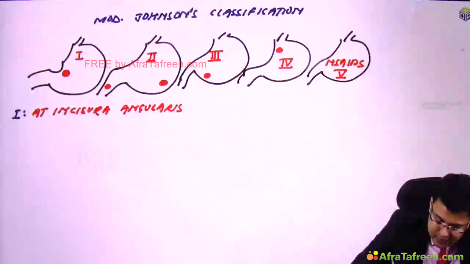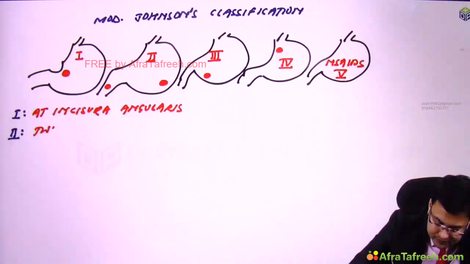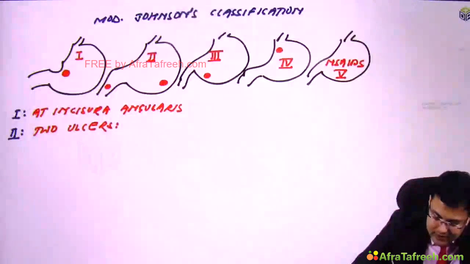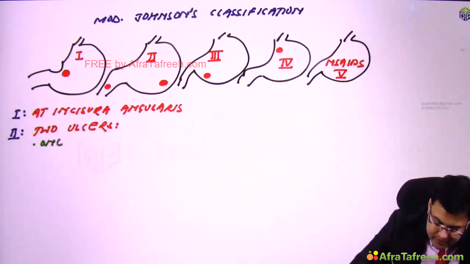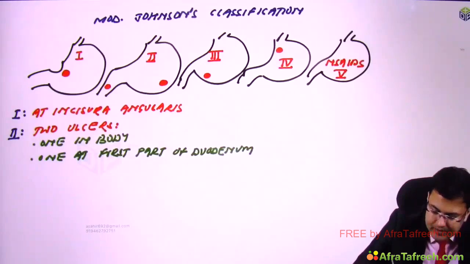Now see, type 2: there are two ulcers, one in body of stomach and one at first part of duodenum.